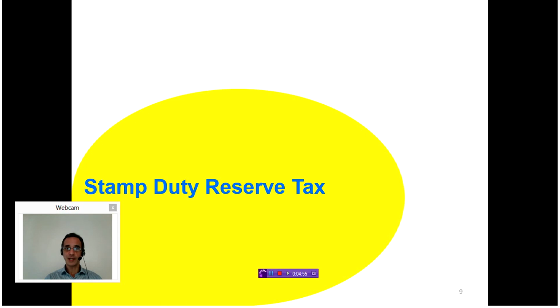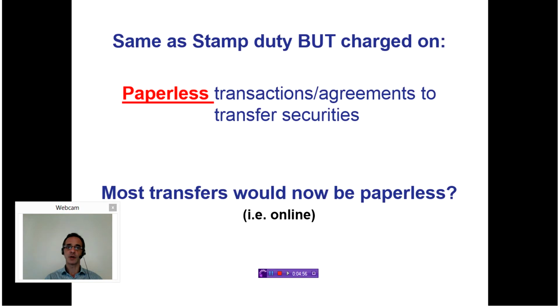So, what is stamp duty reserve tax? Well, I think we've probably guessed that already. In essence, it's simply the online or paperless version of the tax in relation to the transfer of stocks, shares and securities. Most transactions today would attract this tax as opposed to ordinary stamp duty.